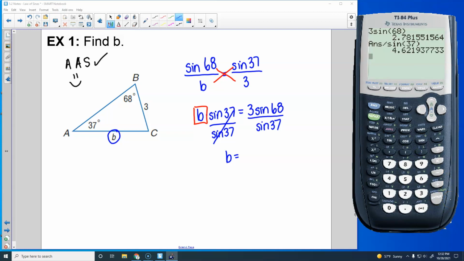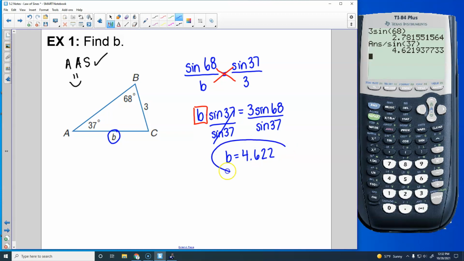And we're going to get 4.622. And so that would be the length of side B there. You cannot use regular trig on this triangle because it's not a right triangle. So we have to use law of sines here.